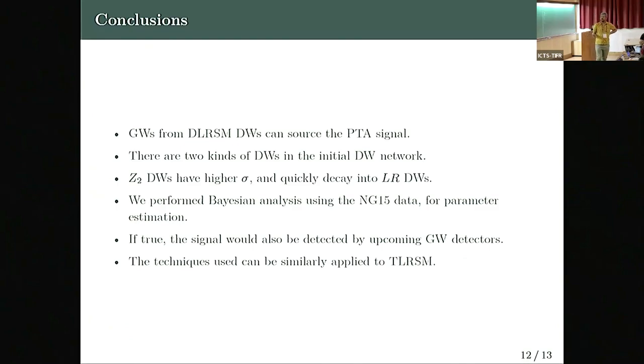And we performed a Bayesian analysis using the NG15 data for parameter estimation. And if true, the signal would also be detected by upcoming gravitational wave detectors.